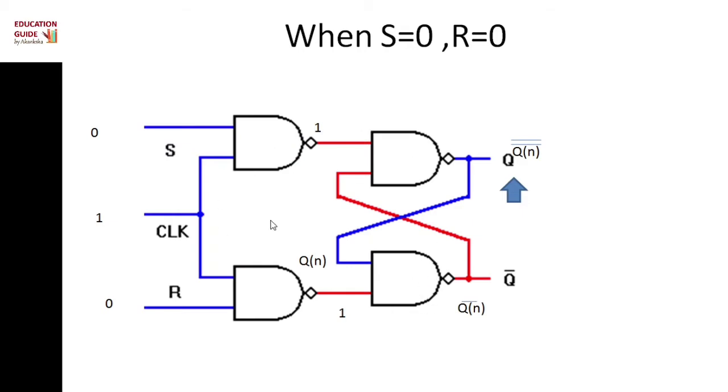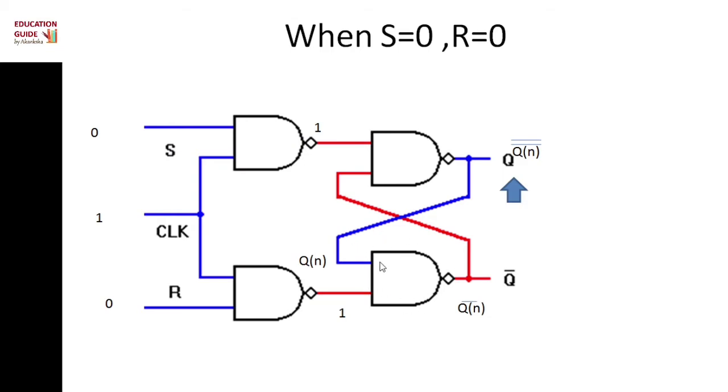It is a circuit of SR flip-flop. There are 3 inputs: S, R and clock. Firstly, when we give S equal to 0 and R equal to 0, then you get output as 1 and 1. Here we can consider Qn as input.